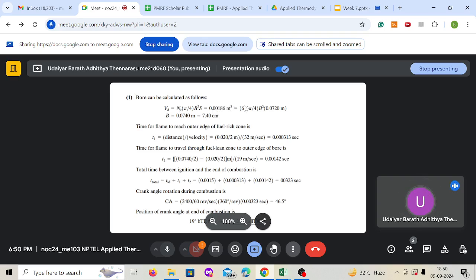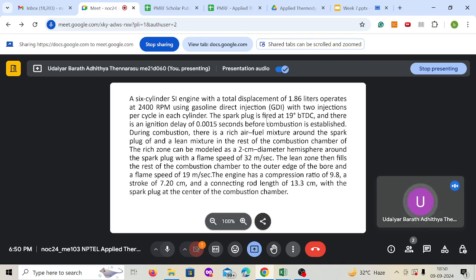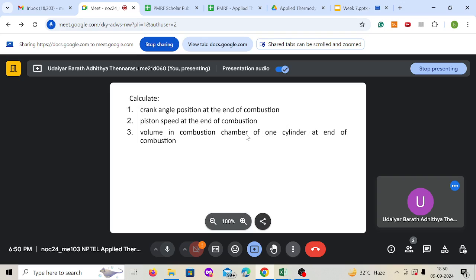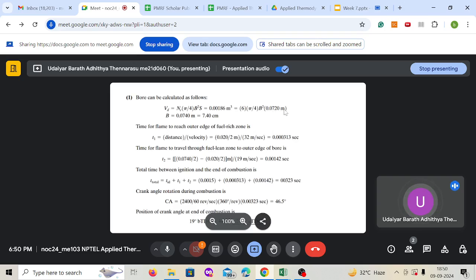So 6 cylinders times pi by 4 times b squared times the stroke length, which is given as 7.2 centimeter, so 0.072 meter. From this we can find the bore diameter as 7.4 centimeter.